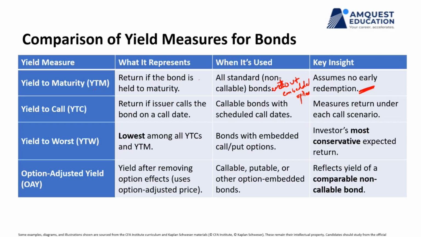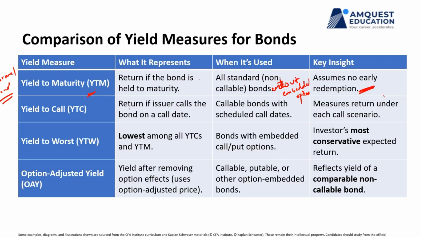Early redemption means early retirement of the bond. A bond which has callable or puttable features, a bond which can be called by the company or put, which means sold by the investor. A normal bond will have no premature withdrawals or redemptions.